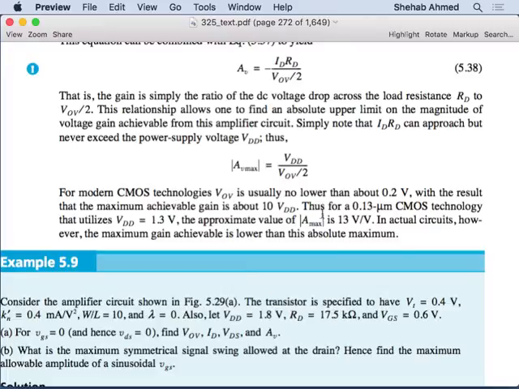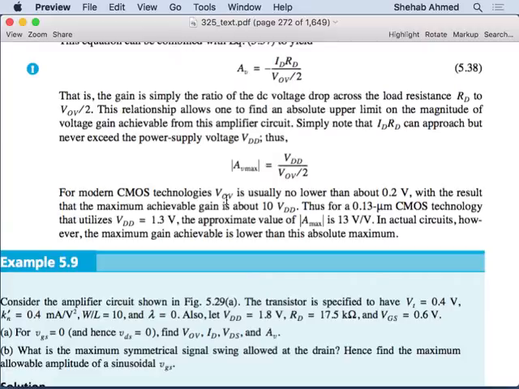They summarize that here. For a certain overdrive voltage, it's a technology dependent thing. For example, for CMOS technologies, VOV is usually no lower than 0.2 volt, with the result that the maximum achievable gain is 10 times VDD. So if VOV is 0.2 volts, then what is the gain? Remember, overdrive voltage is the voltage above threshold.